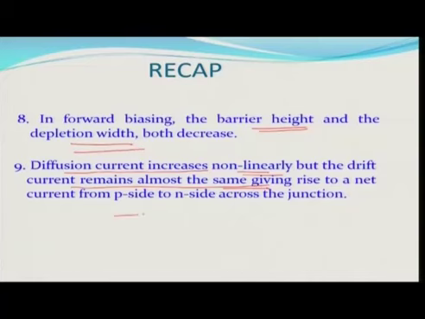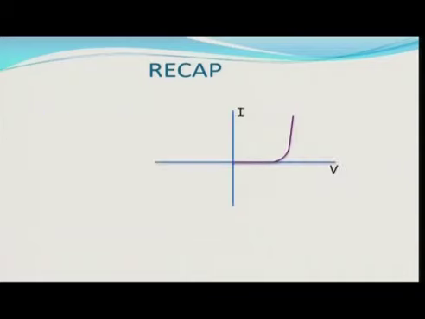So, a net current goes from p side to n side across the junction in forward biasing. And how does that look if you plot? It goes like this. This is that biasing voltage. Up to some voltage of this externally applied source, there is almost no current, it is all exponential and non-linear.